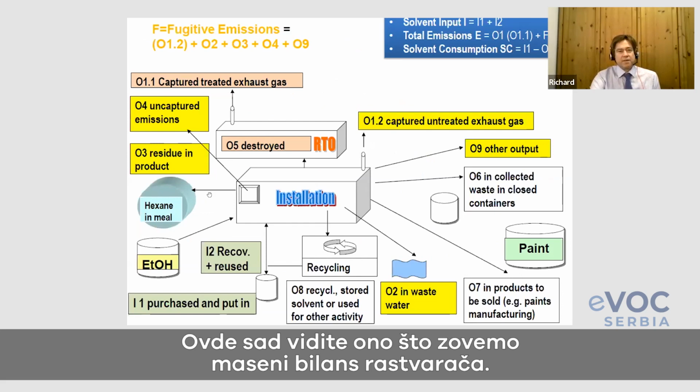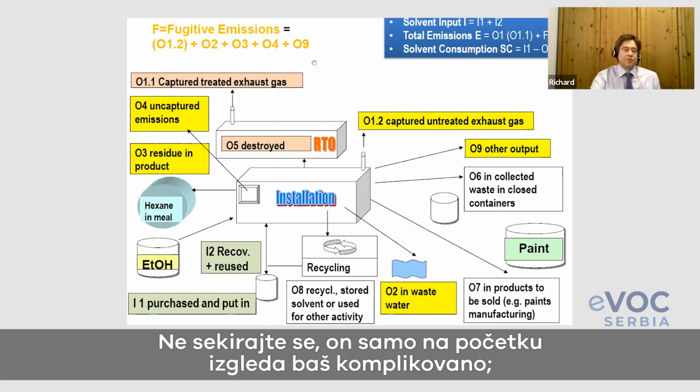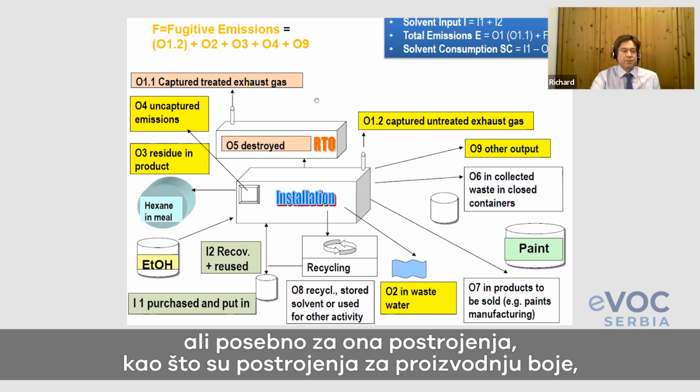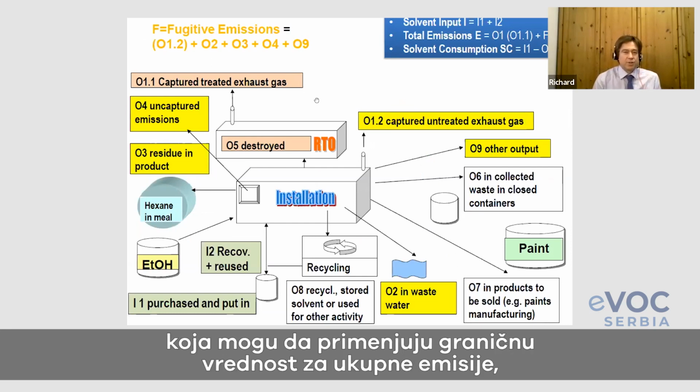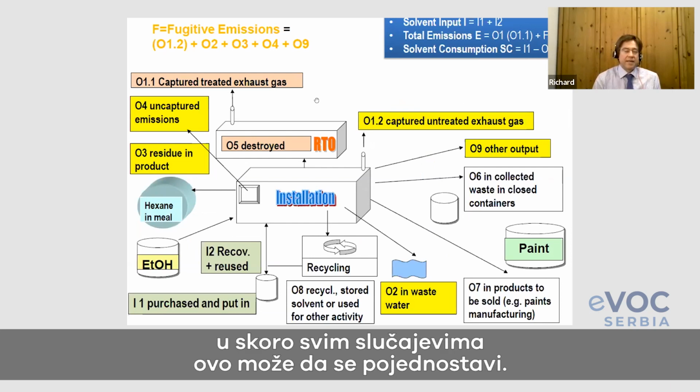Here you see what we now call the solvent mass balance. So don't worry, it looks complicated only at the very beginning, and especially for those installations like paint manufacturing, which can apply a total limit value, it can be simplified in almost all cases.